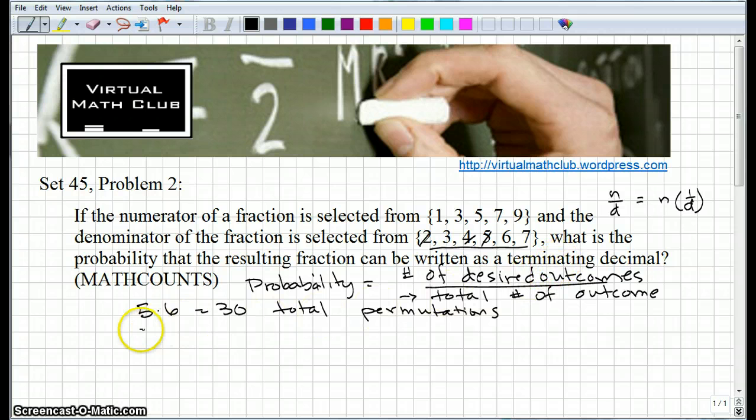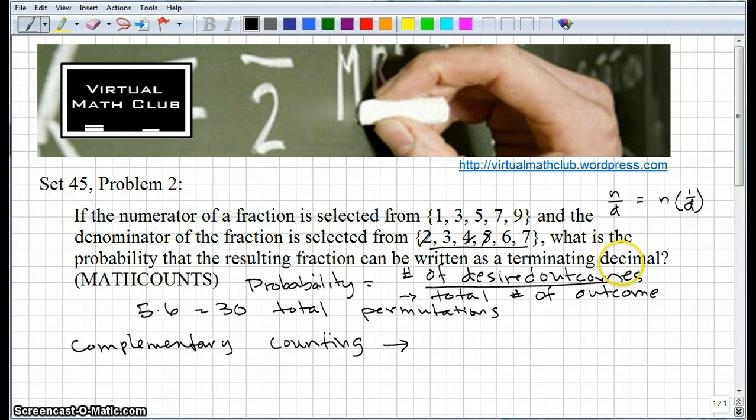I'm actually going to use something called complementary counting. That is to count the thing that we don't want, the undesired outcomes. The outcomes that we don't want to count are the ones where you get a repeating decimal. Whenever you create a fraction out of these two sets, numerator over denominator, you're either going to get a terminating decimal or you're not.